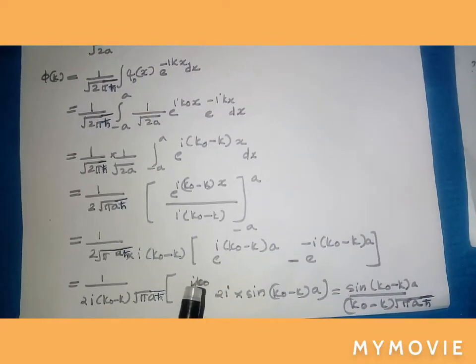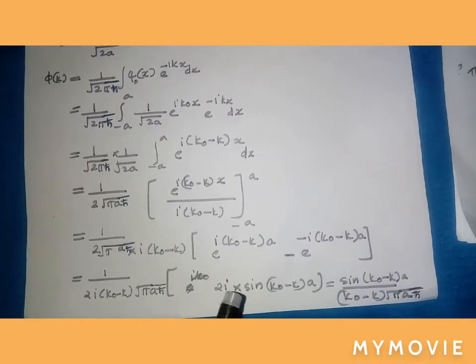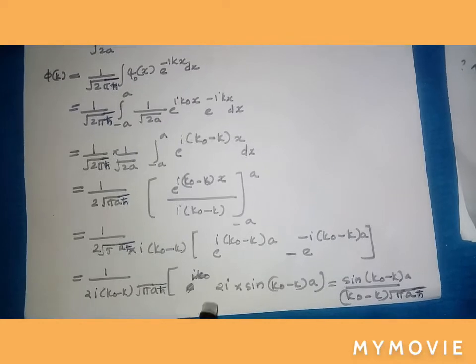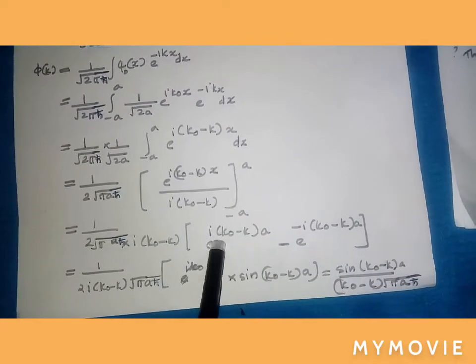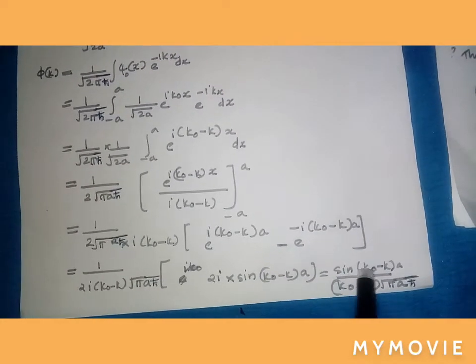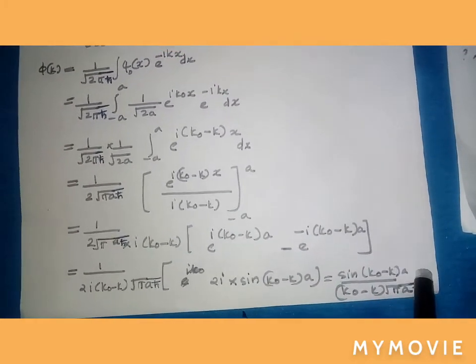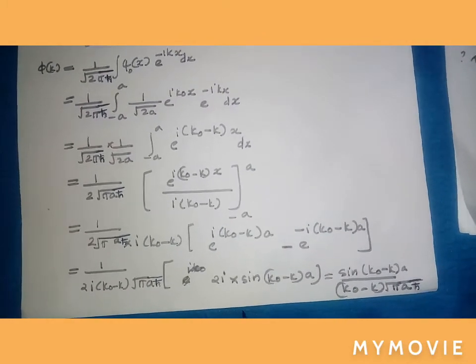We know that sine x is equal to e raised to ix minus e raised to minus ix divided by 2i. So it can be replaced with 2i into sine k naught minus k into a. 2i and 2i cancel, so we get the answer as sine k naught minus k into a divided by k naught minus k, under root pi a h cut.